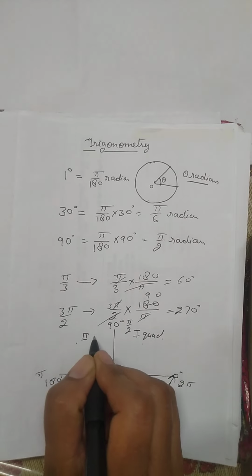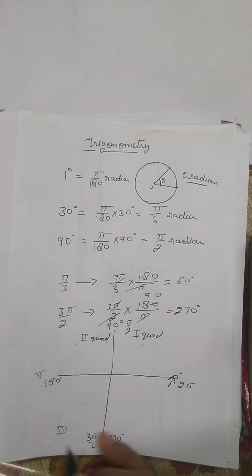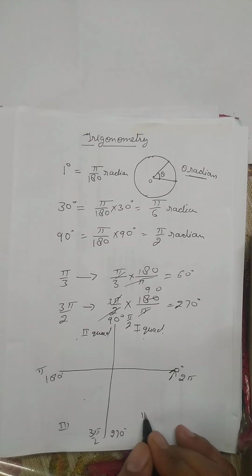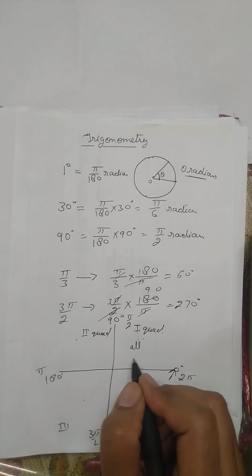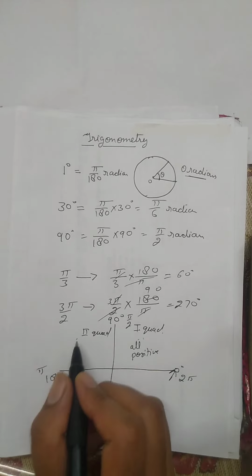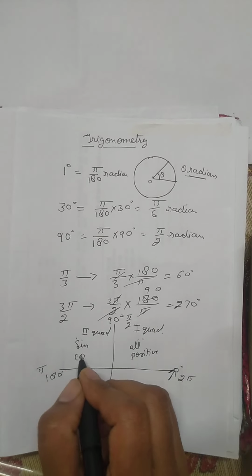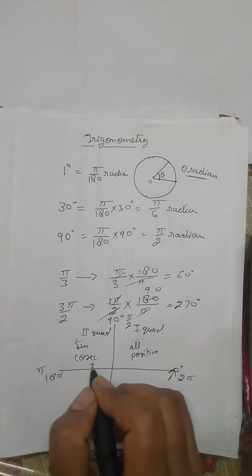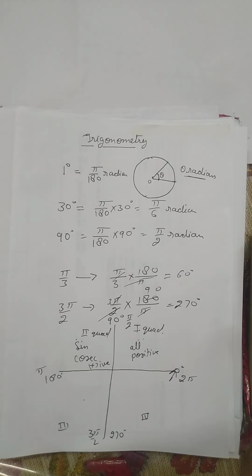This is the second quadrant. This is third. This is fourth. In the first quadrant, all the trigonometric ratios are positive. But in the second quadrant, only sine and cosec are positive and other trigonometric ratios like sec, cot, tan are negative.